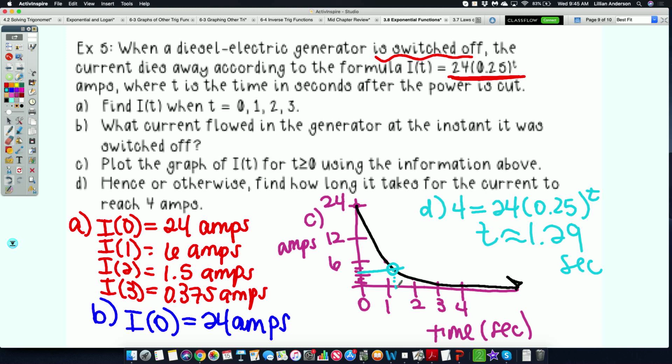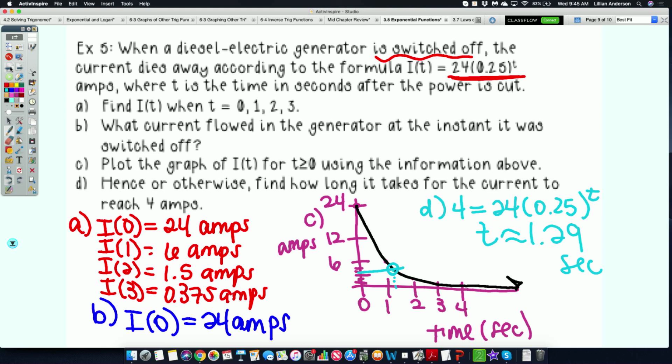Now, if the question says specifically to use your graph, then you want to make sure you use the graph to get your solution. The only time you should use your calculator or any other method is if it says otherwise, which is why we could use our calculator here. But that is how we do exponential functions.